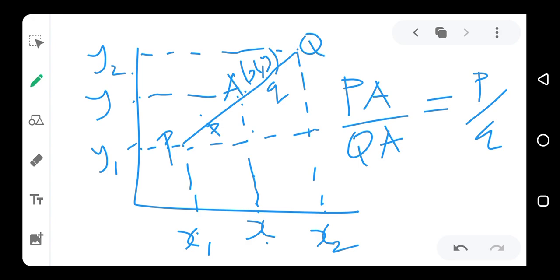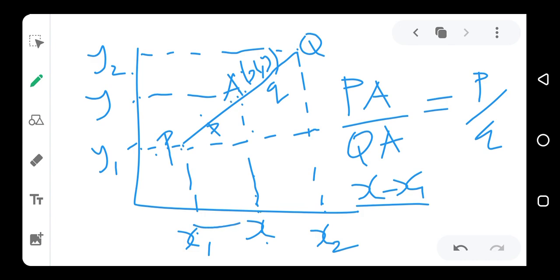Line PA is x minus x1, that is the ratio for the coordinate of the line PA.